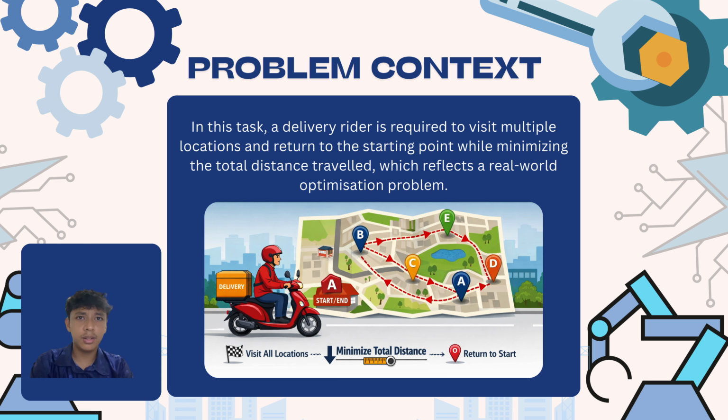The main challenge in this problem is to determine the most efficient route among many possible routes. Since each route results in a different total distance, we need to carefully analyze and compare the options before making the right decision. This makes the problem more complex and realistic, as it reflects a real-life situation where efficiency and cost reduction are the most important.